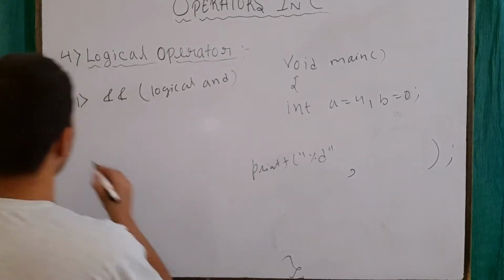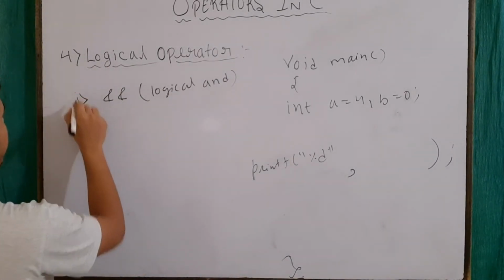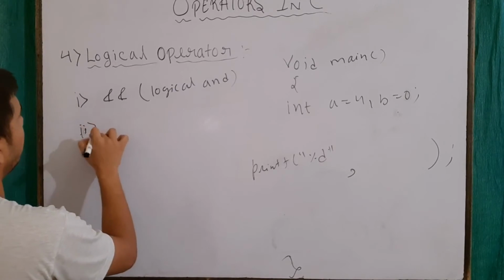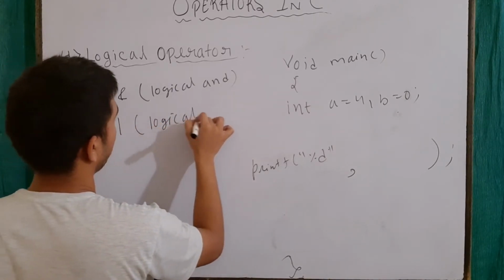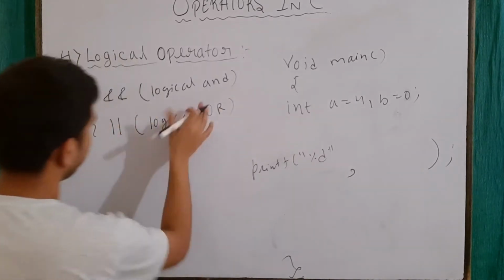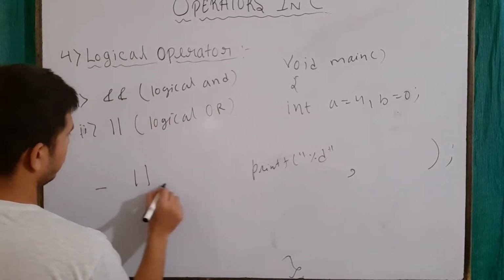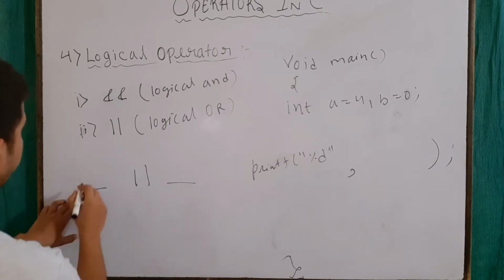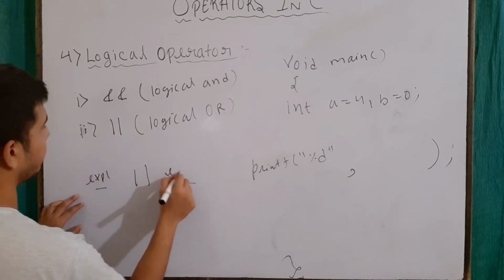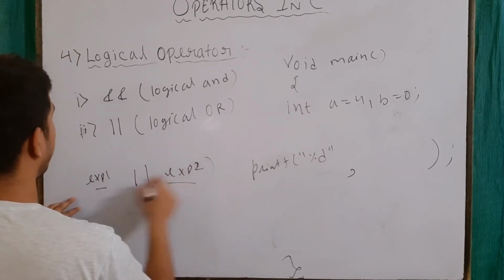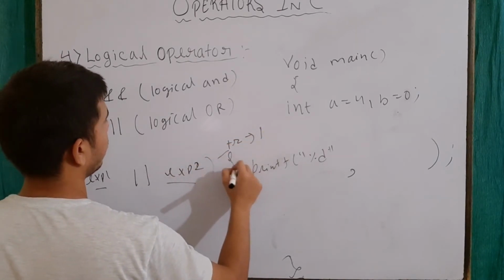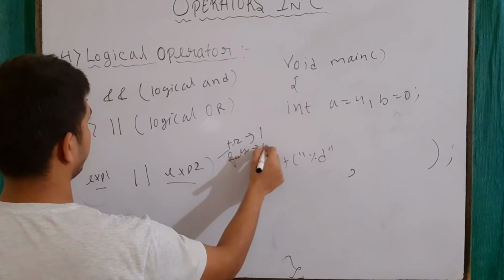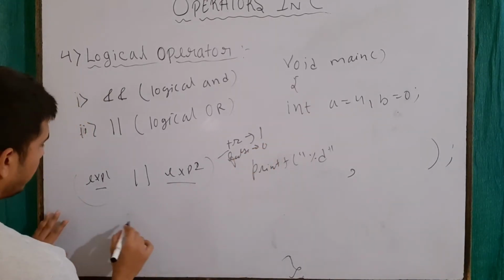Now, the second operator which falls in this category is logical OR. Same as the AND, there will be two expressions. Let's say this is expression 1, this is expression 2, and the OR result will be either true, let's say 1, or false, that is 0. For the truth table it is simple.